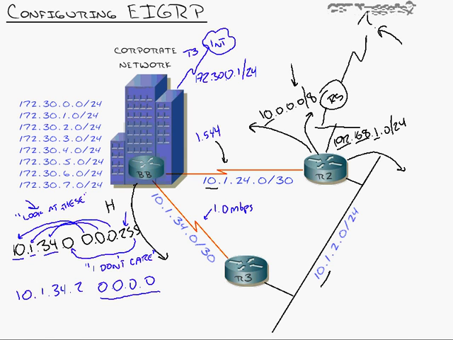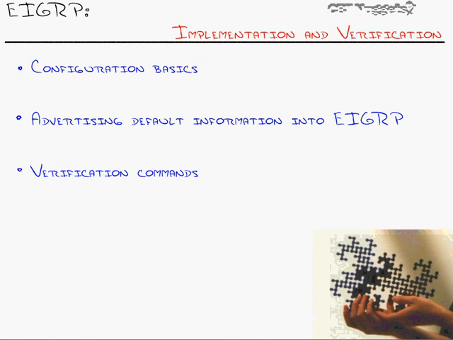So I want to go ahead and draw the line in the sand here on this video, because we've really hit the core pieces of EIGRP, the configuration basics, where we walk through and just set it up with the network command. In the newer routers, and again, I'll preface this, on the newer routers, it does allow you to do the wildcard masks. On older routers, you don't have that ability to do the wildcard mask.